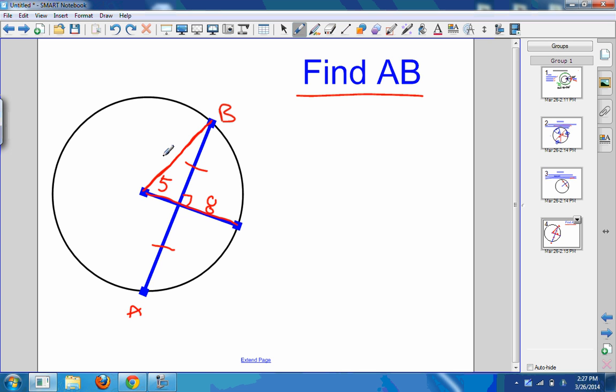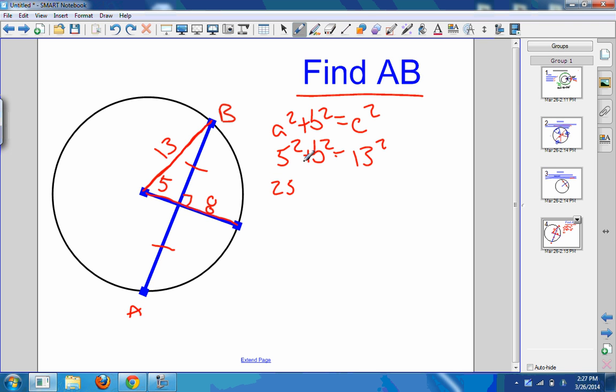I can find my missing side here with the Pythagorean theorem. A squared plus b squared is equal to c squared. The hypotenuse is 13. We'll put it there. 5 and b squared.